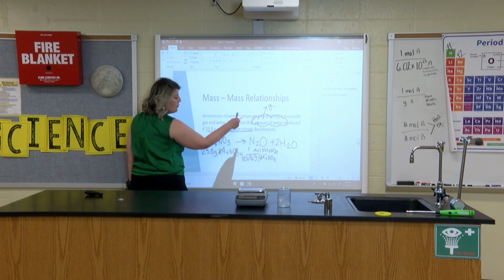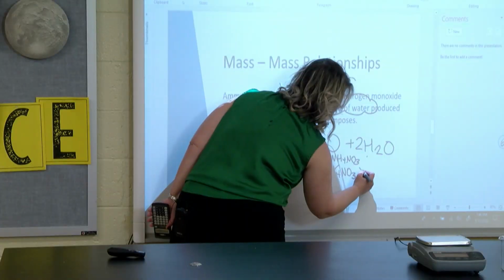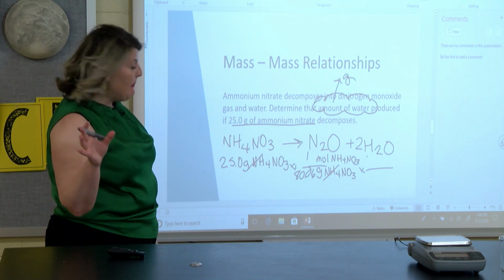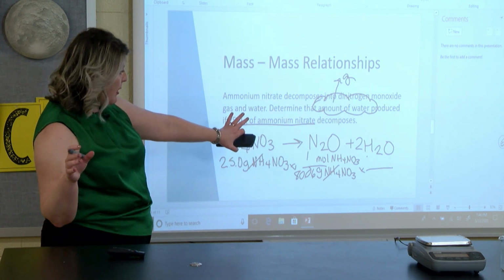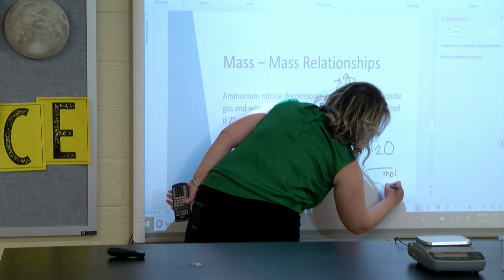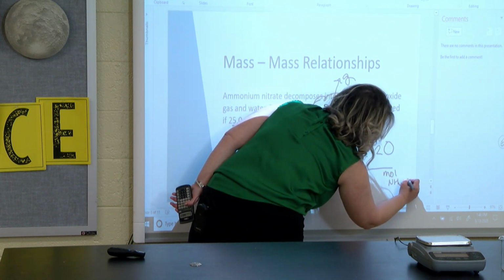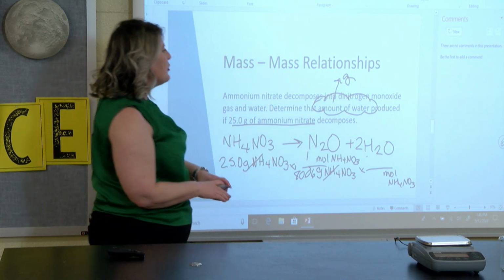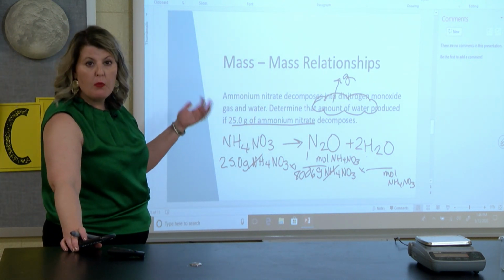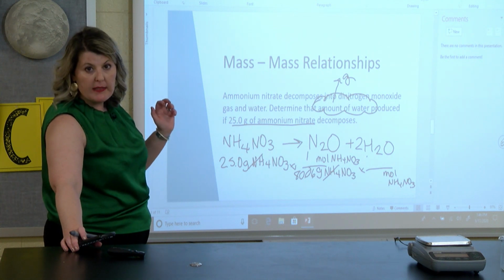I want to get to grams of water. So I'm not done. I need to draw another X and a line. So on the bottom, we have moles of ammonium nitrate on the top. So to get rid of it, we're going to put moles of ammonium nitrate on the bottom. Now I'm trying to get to grams of water. Can you put grams of water with moles of ammonium nitrate?